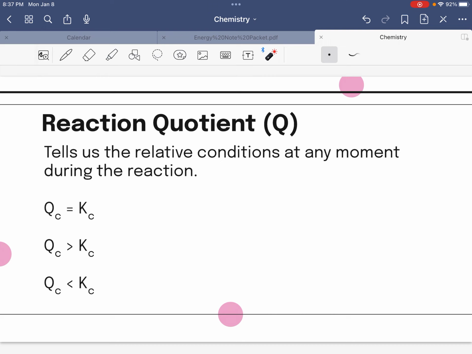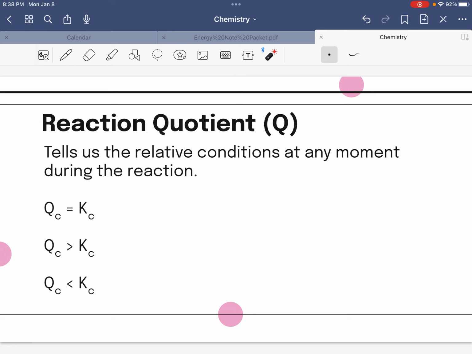Like I mentioned before, we also have a reaction quotient, which is denoted with a Q instead of a K. This tells us the relative conditions at any moment during the reaction. Where are we at in the reaction? How close are we to getting to equilibrium? Are we going to have to go forward in order to get equilibrium, or go in reverse?